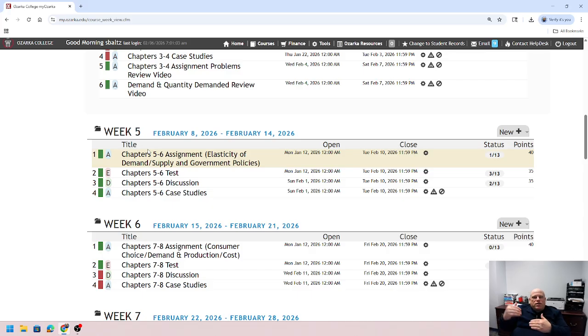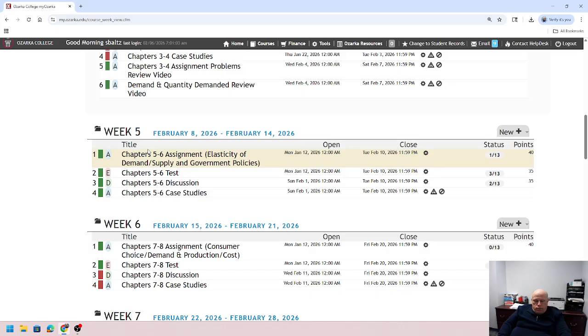As we increase price, quantity supplied will go up, but we haven't really talked about how much. And so in chapter 5, we're going to talk about how responsive consumers and producers are to changes in price.